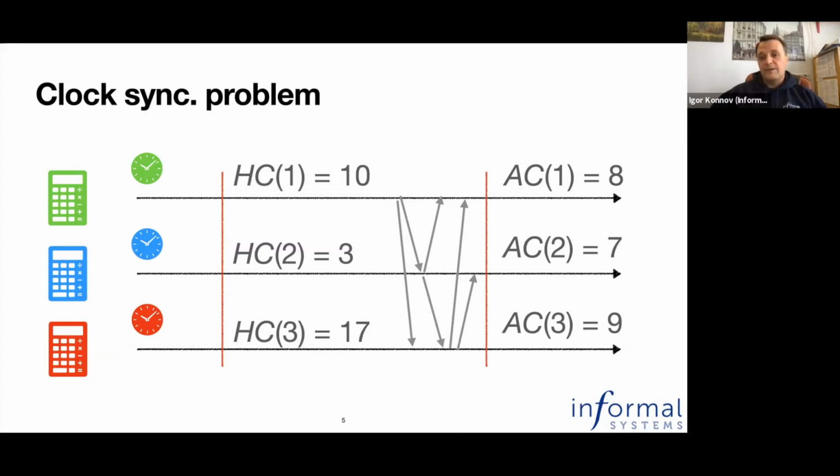So that's clock synchronization. In the end, we want to access these variables AC1, AC2, and AC3 on each computer and see the adjusted clock value, which is not so far from the adjusted clock value of another computer.